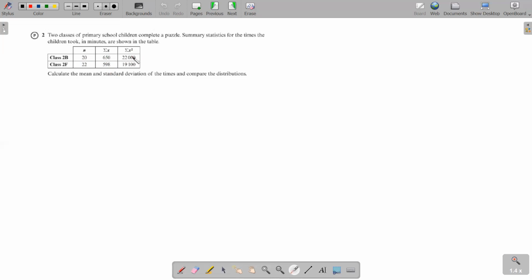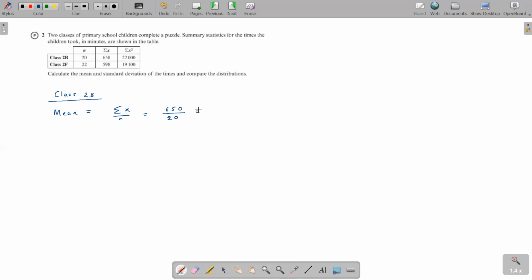Right, so how do we get the mean? Let's take class 2B. In class 2B, I'll calculate the mean. Mean equals sigma x over n. So sigma x is 650 divided by n, which is 20.